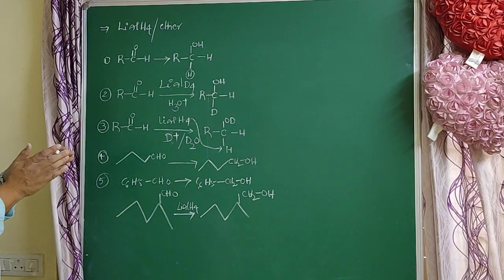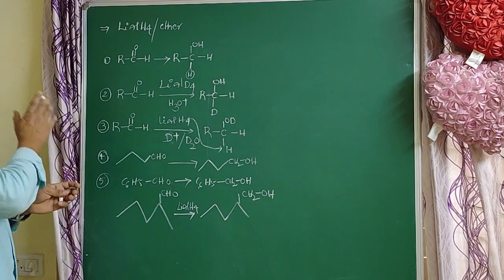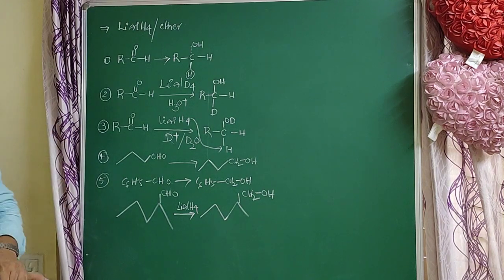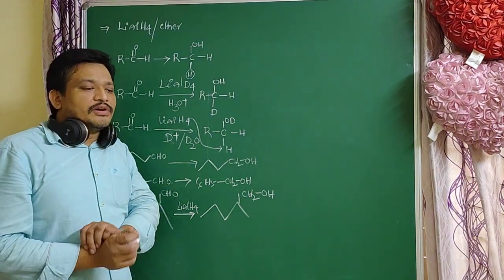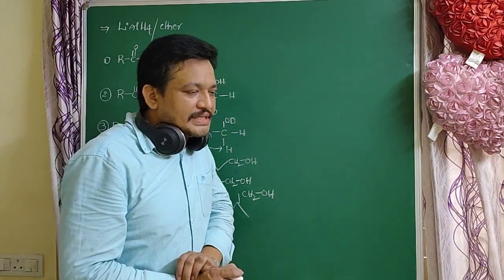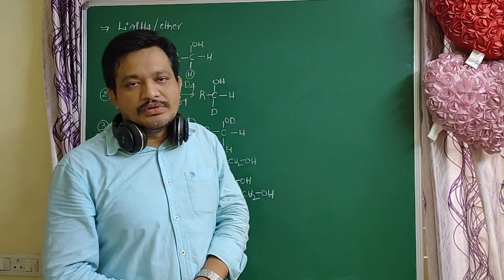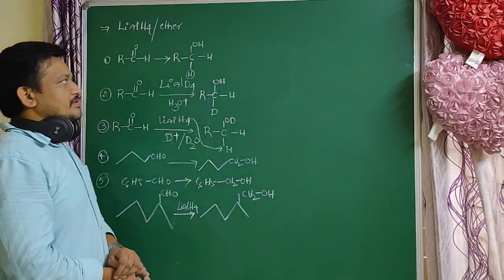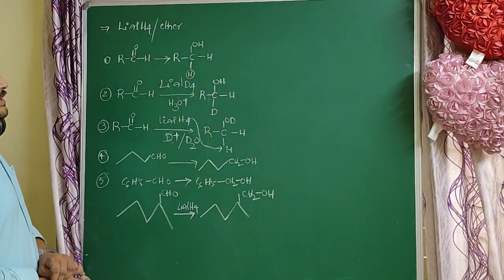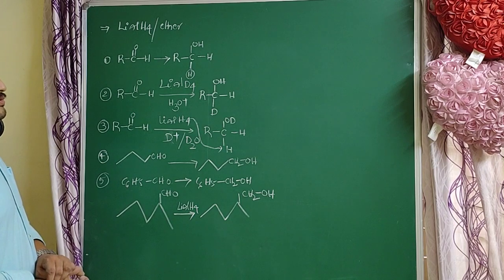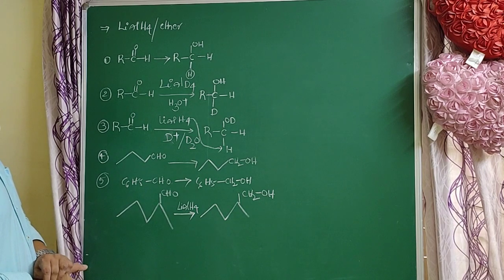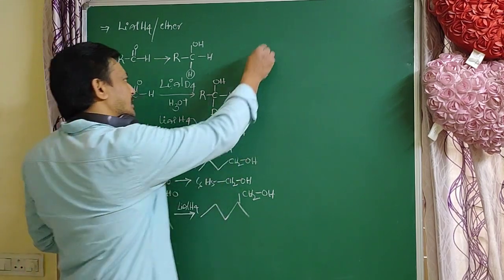But primary alcohols are not reduced by lithium aluminum hydride. Lithium aluminum hydride is not a suitable reducing agent to convert alcohols to alkanes. Alcohols do not convert to alkanes.